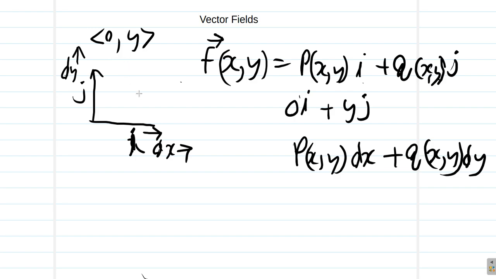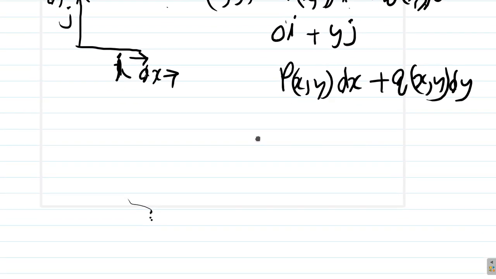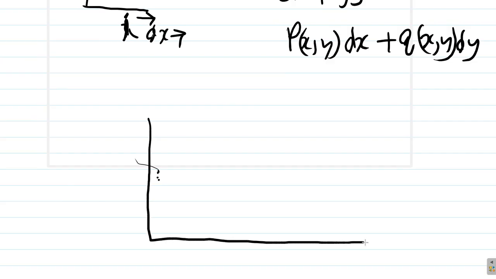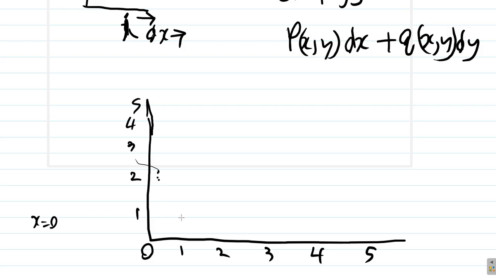Alright, now this vector field 0y, like you have x and y axis. I have 0, 1, 2, 3, 4, 5. 1, 2, 3, 4, 5. Here, to plot this vector field, when x equals 0 and y equals 0, then the vector is 0 in the x direction, 0 in the y direction.